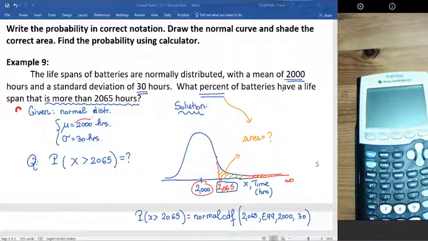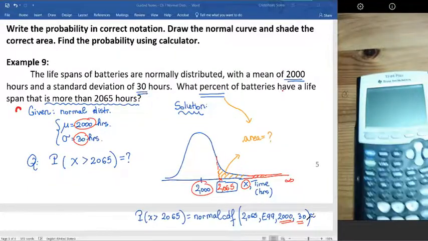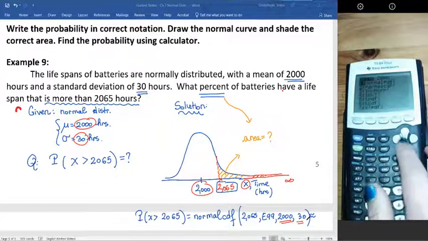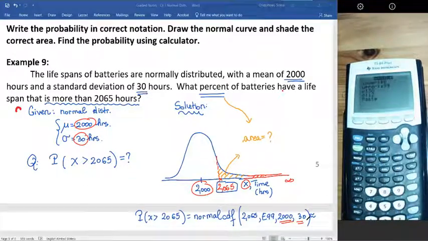These two values are actually written right here, very important values, because we are talking about an X distribution this time, not a Z distribution. And only on the Z distribution, we keep those as 0 and 1. So if we use the calculator to figure this out, we will simply take the calculator, go to second bars, normal CDF, hit enter, and plug in the correct numbers, 2,065 to E99.